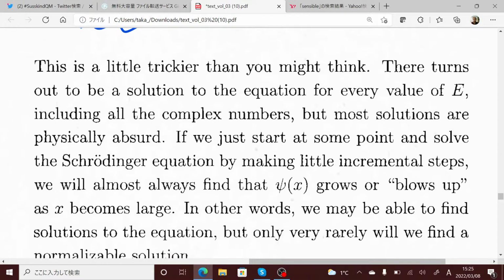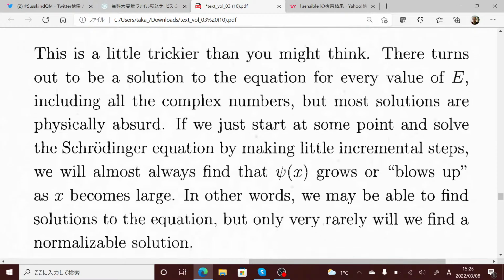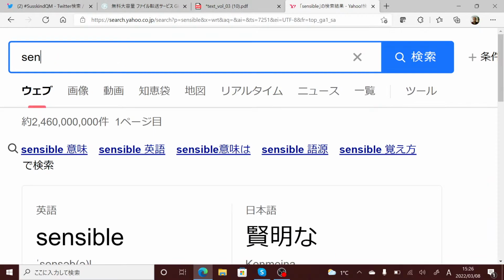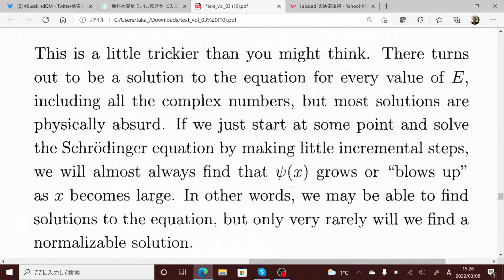There turns out to be a solution to the equation for every value of E, including all the complex numbers, but most solutions are physically absurd.